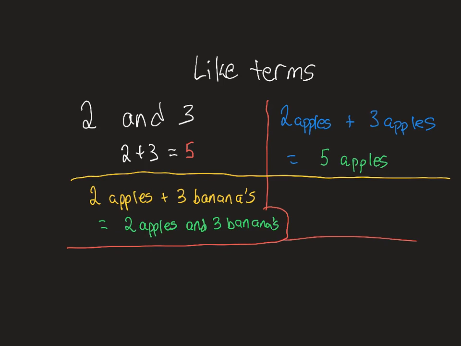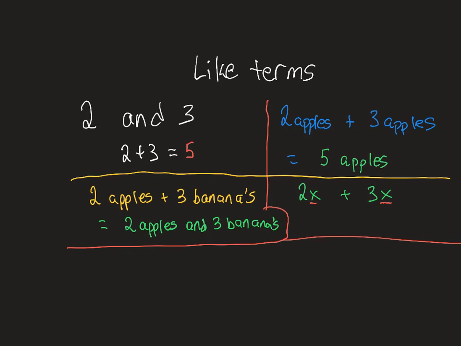So where is this all leading to? I'm going to stick with the apples analogy here, and with the same numbers of 2 and 3. But what if I were to now tell you you have 2x plus 3x? Well, when I'm looking at this, I still have an x and an x.